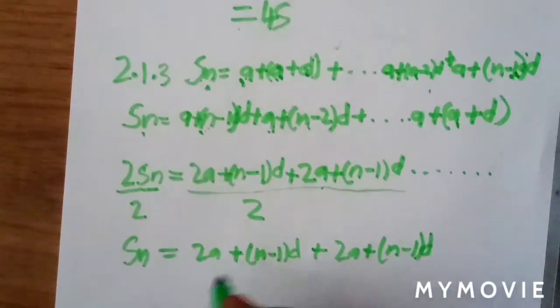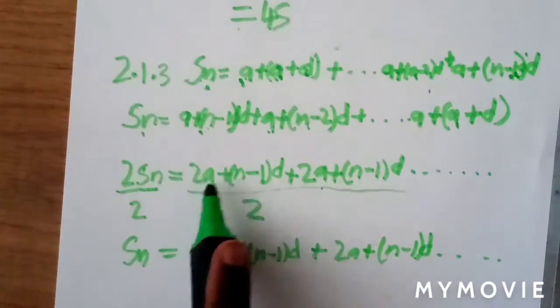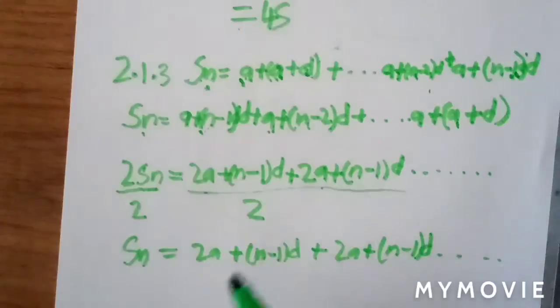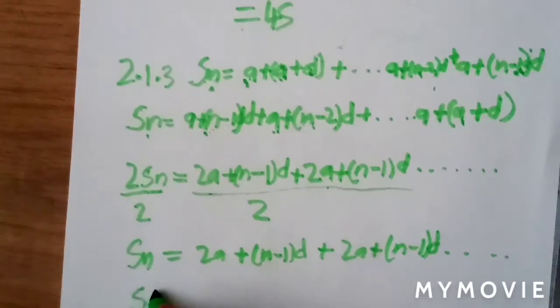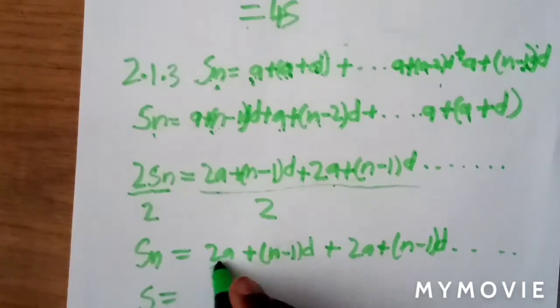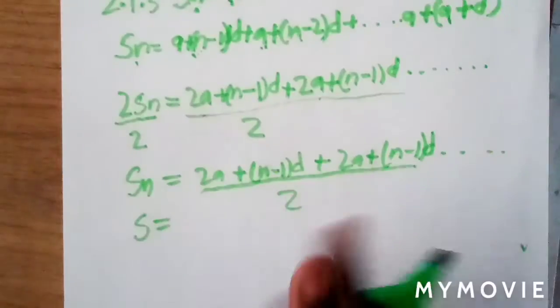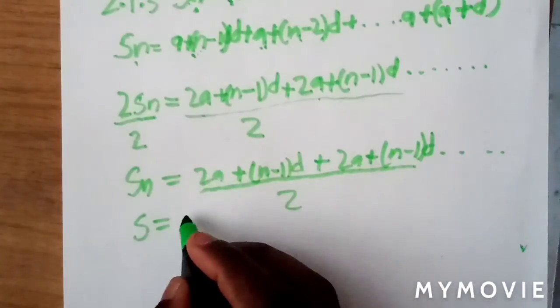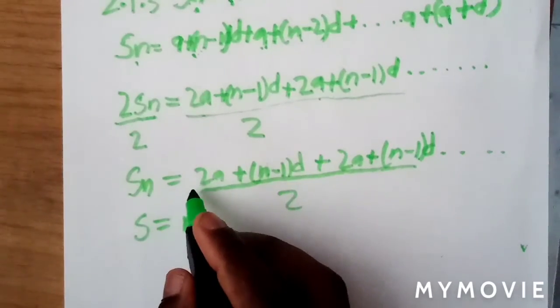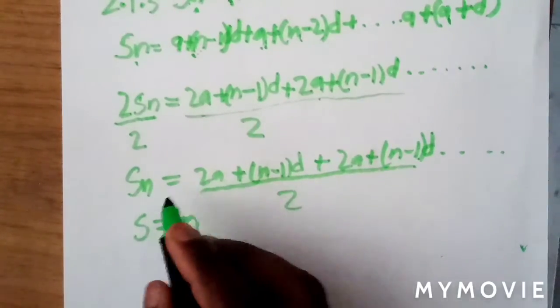Okay, since you always get 2a plus n minus 1 into d, that means Sn is equal to, sorry, I forgot n. Sn is equal to n, that means any n.